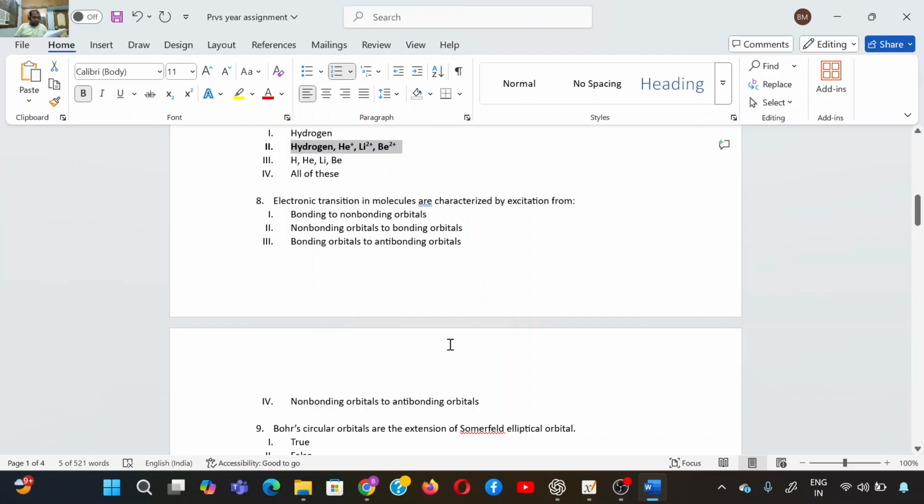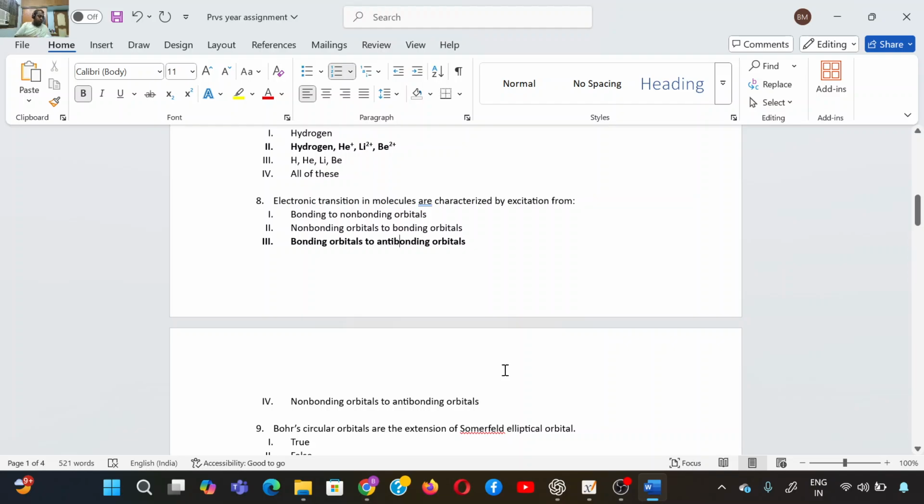So here the answer is 3, because it cannot go from non-bonding to bonding, right?